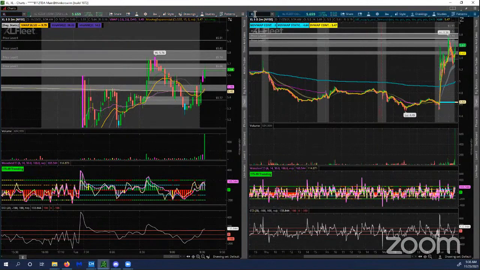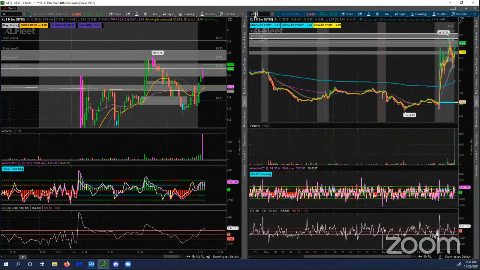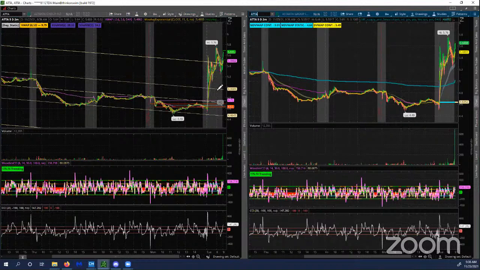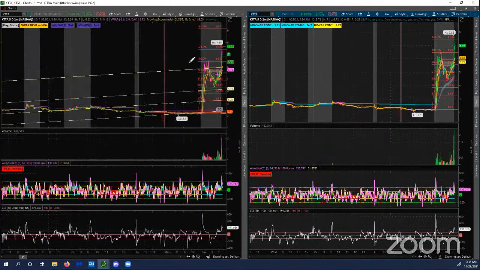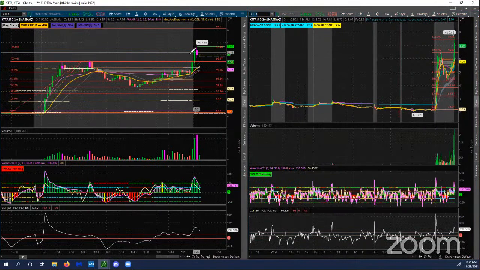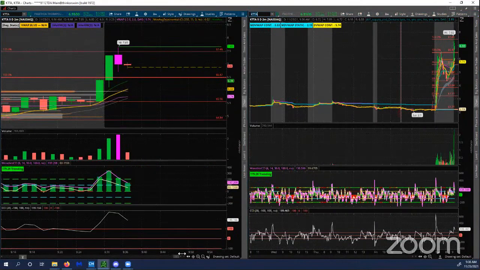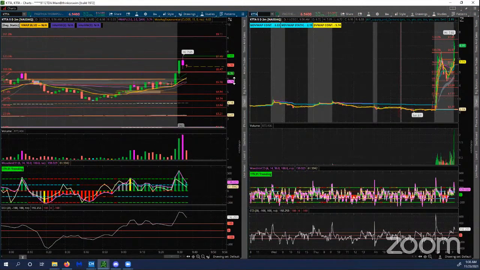All right, so KTTA, we hit that Fibonacci level, but I don't think I'm going to watch it any longer until we form some kind of a base.